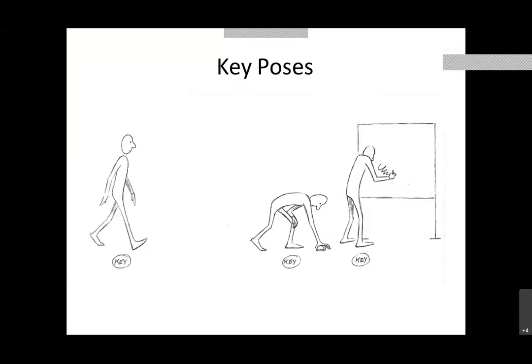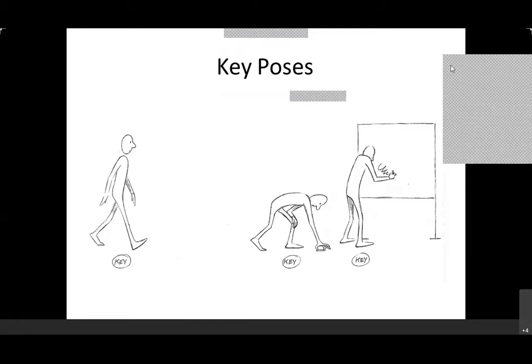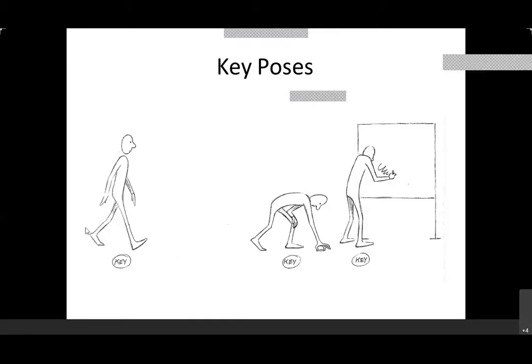Here's an example. We're starting off with 3 main key poses. Let me get your feedback on this. Can you identify what the character is doing? Indicate to me in the chat, or I prefer through the voice. Can you identify what the character is doing here?